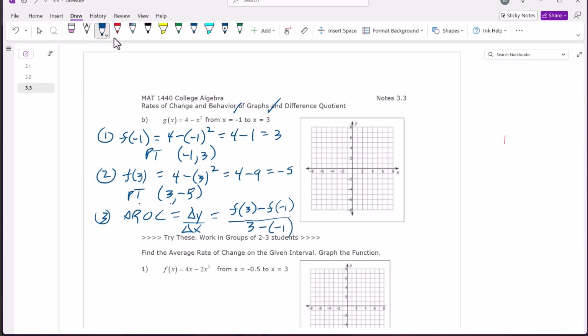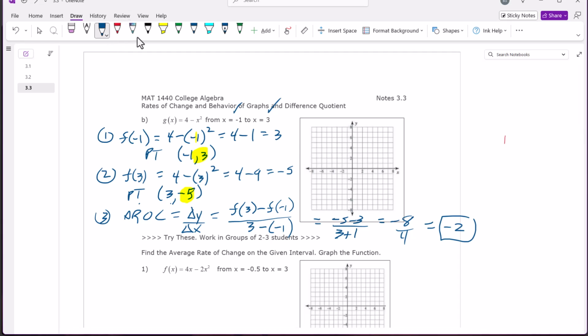If you're finding a change, you're subtracting to find how far apart two numbers are. So basically, f of 3 was -5. F of -1 was 3. So we'll do -5 minus 3 over 3 plus 1. So that's -8 over 4. That average rate of change is going to be -2.